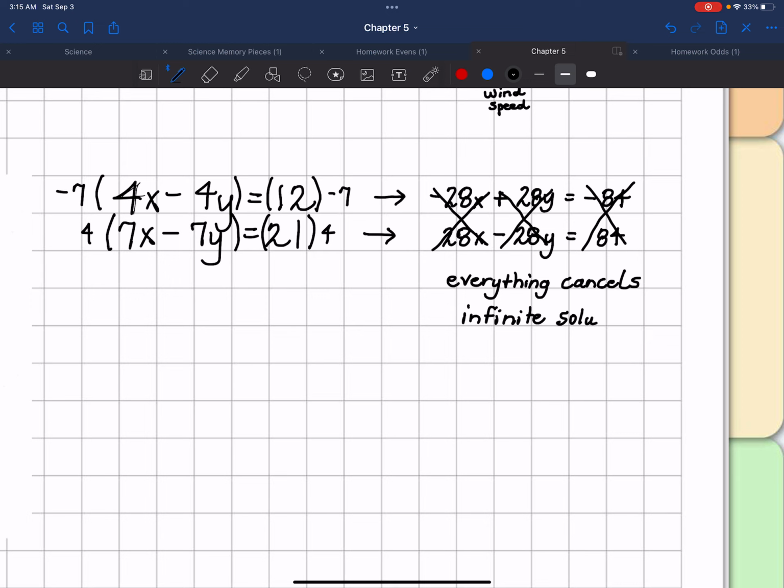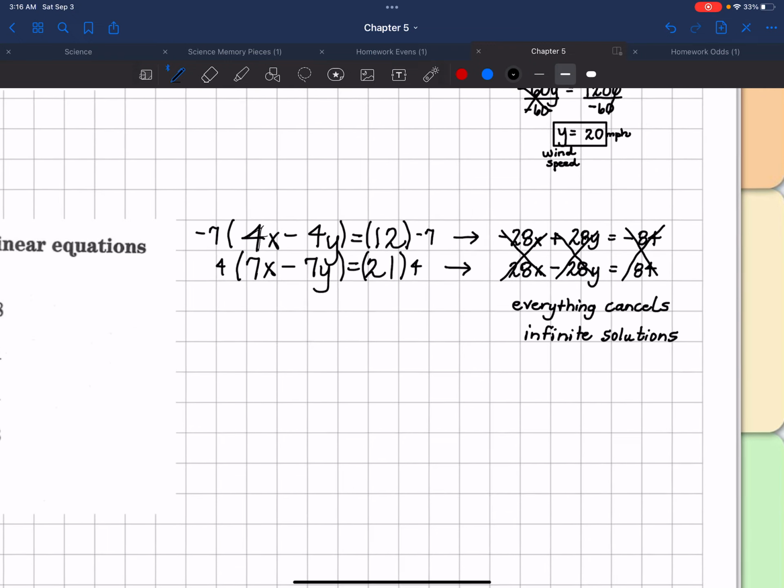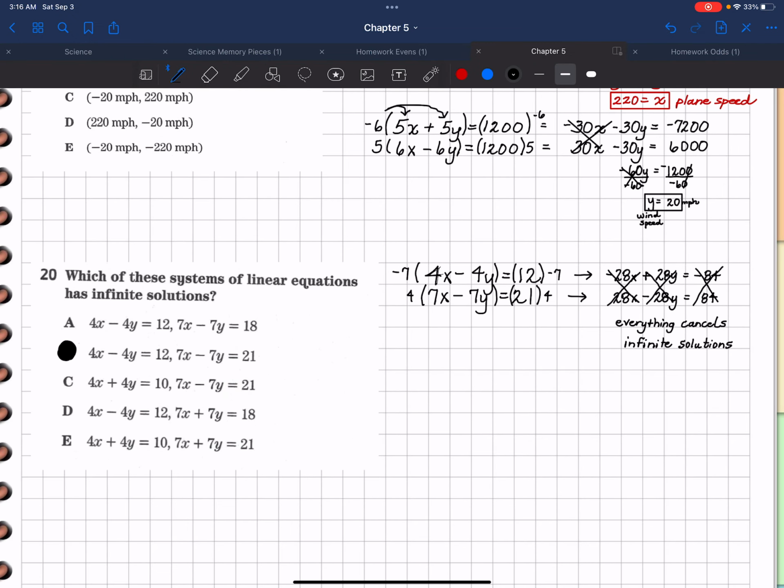I could choose values for x and y all day, and this is going to work because x is changing at the same rate and y is changing at the same rate, and the constants are going to change at the same rate. So because everything cancels, this has infinite solutions. And so the answer is A.